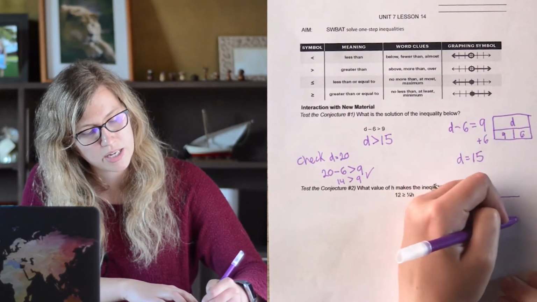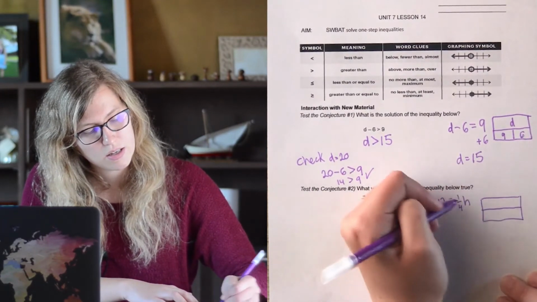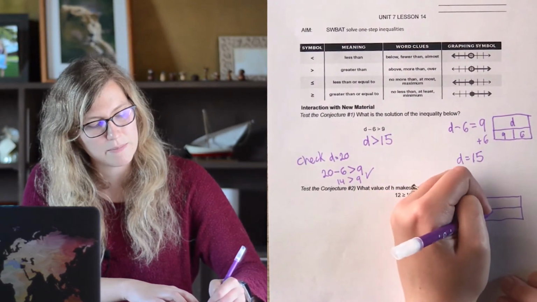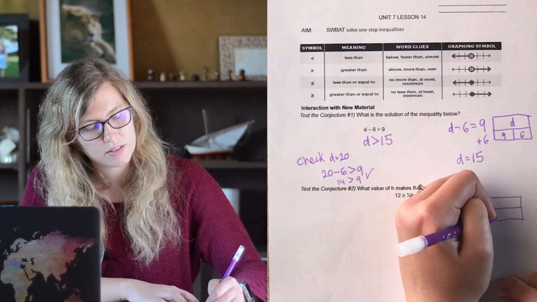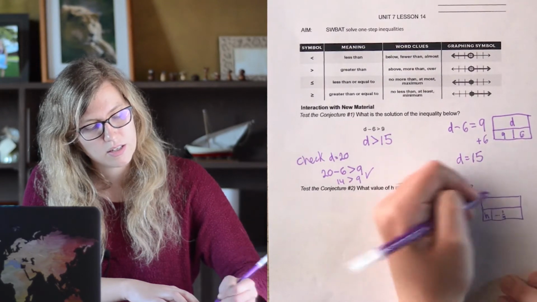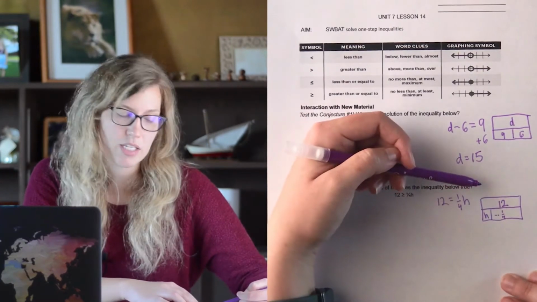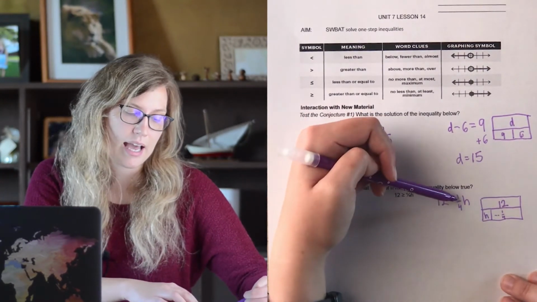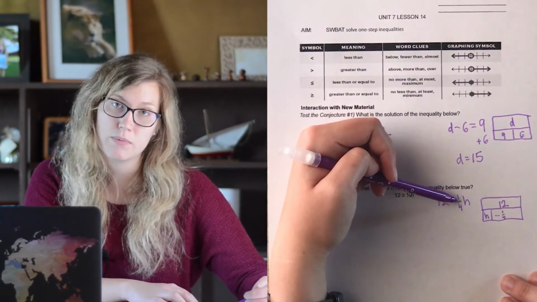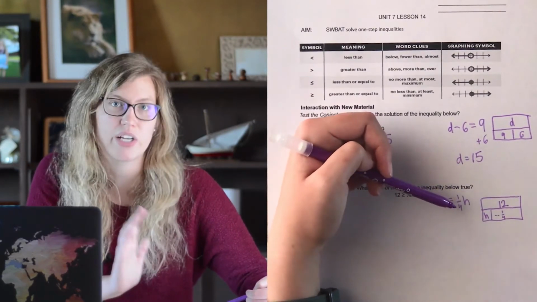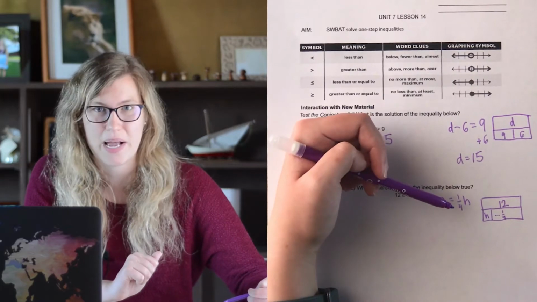What is my total here? Well, 1/4 times H will equal my total, my 12. So my 12 is actually going to be my total. I have my number of groups, 1/4, and my size of group, H. Now these can be flipped, it doesn't really matter, you're going to get the same solution for H either way.